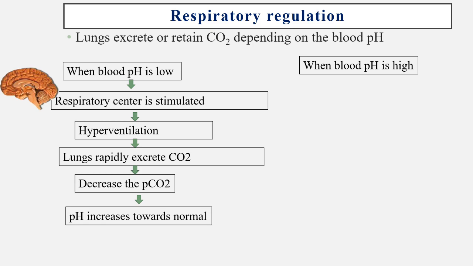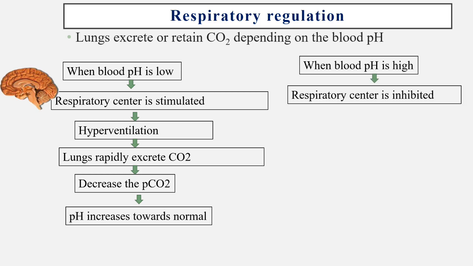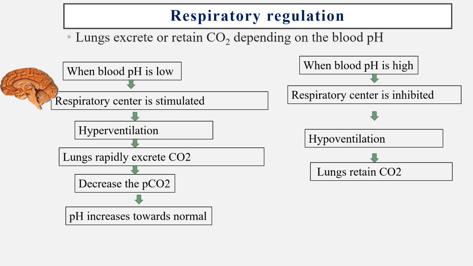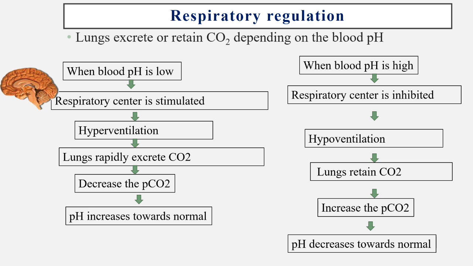When blood pH is high, the respiratory center is inhibited. It leads to hypoventilation, and carbon dioxide is retained, which increases the partial pressure of carbon dioxide and decreases the pH towards normal. This is how the lungs excrete or retain carbon dioxide depending on the blood pH.